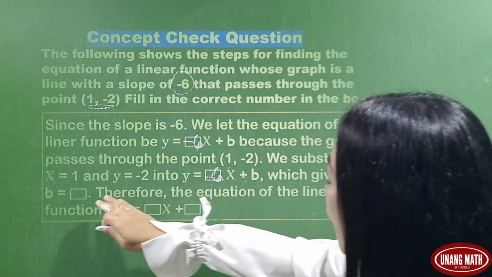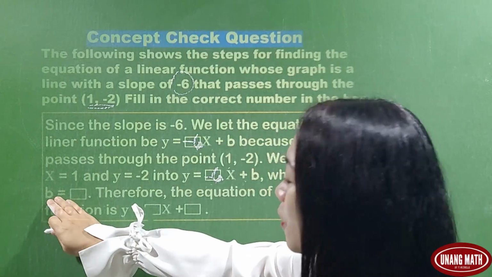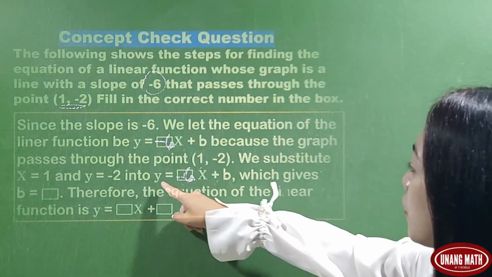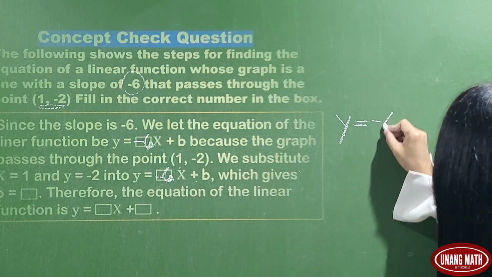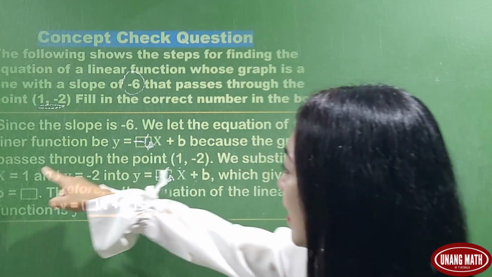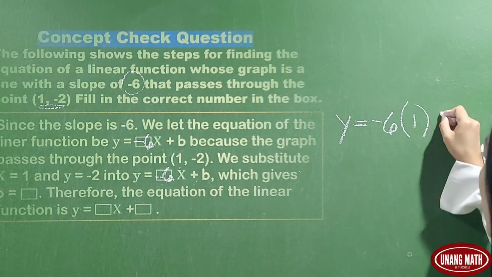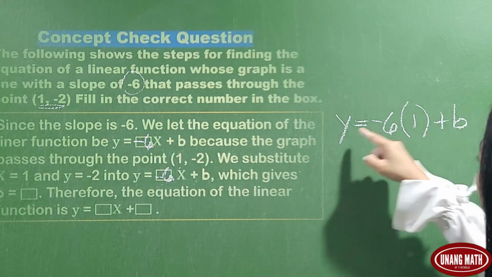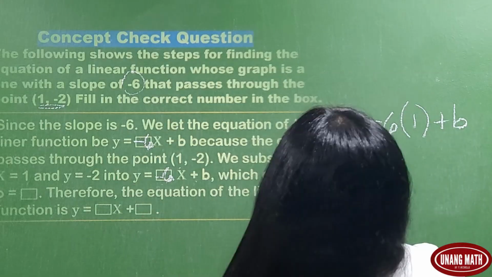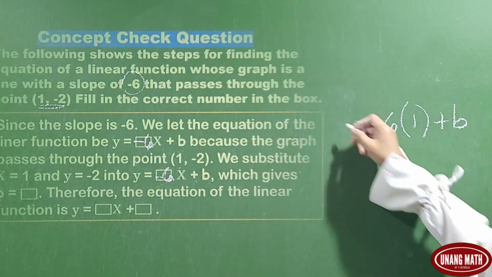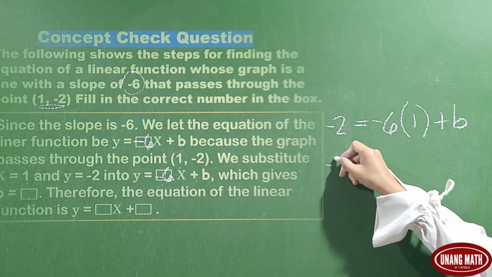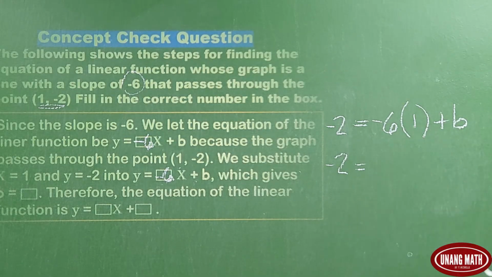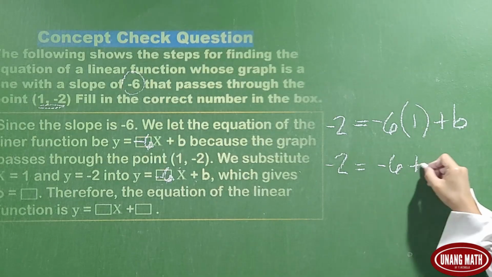Okay, so we have to find the value of b, or our y-intercept. So we have here y is equal to negative 6 and x is 1, so times 1, and this is plus b. Okay, y is negative 2. So this is negative 2 is equal to negative 6 times 1 plus b. So we have negative 2 is negative 6 plus b.